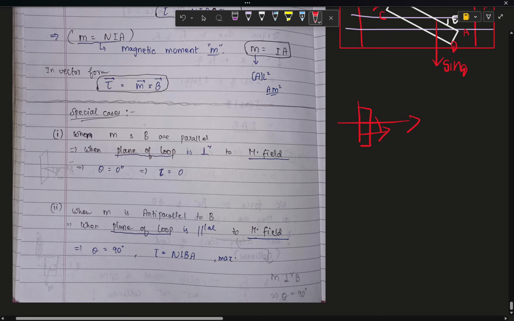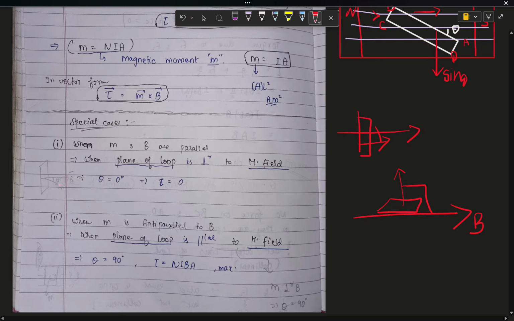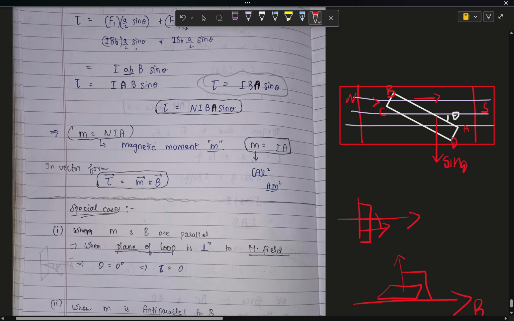But when the plane is parallel to the magnetic field, the area vector is perpendicular, so it makes a 90 degree angle. In that case, maximum torque will be produced. Here they are talking about torque, not force. So that's it. I have covered almost most of the concepts from this chapter.